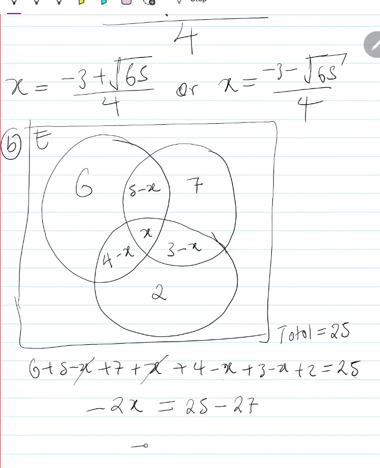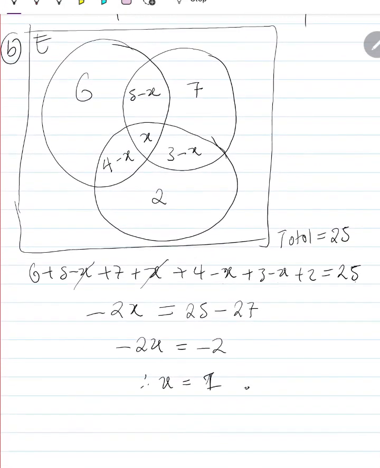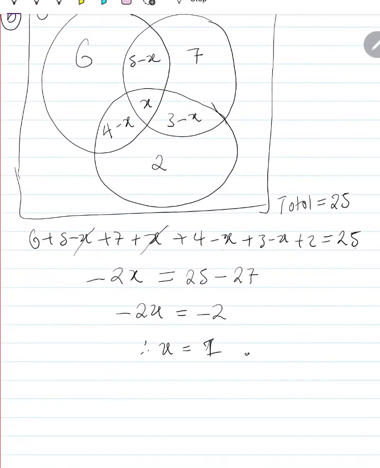Okay, so this is minus 2x is equal to minus 2 actually, and you can just divide throughout by 2, so therefore x is equal to positive 1. Okay, all right.